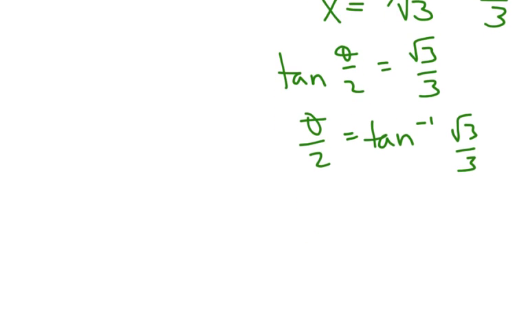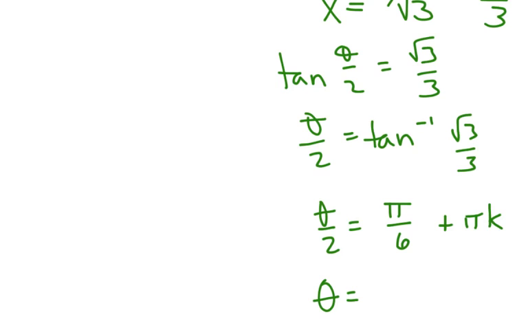Theta over 2 is going to equal pi over 6 plus pi k. So all I have to do to finish solving for theta is to multiply the other side by 2. Well, I get 2 pi over 6, which reduces to pi over 3.